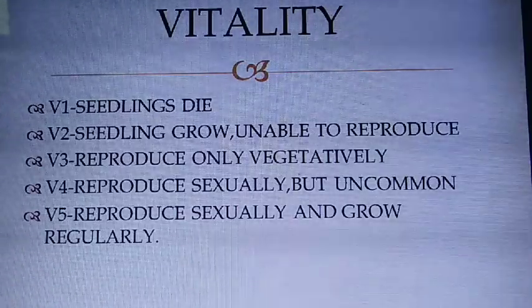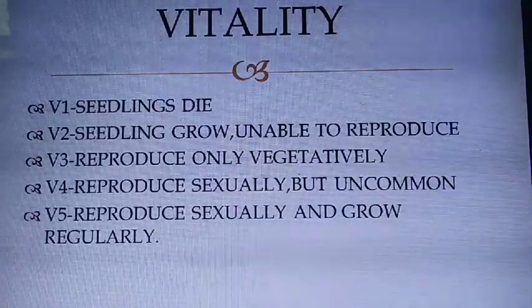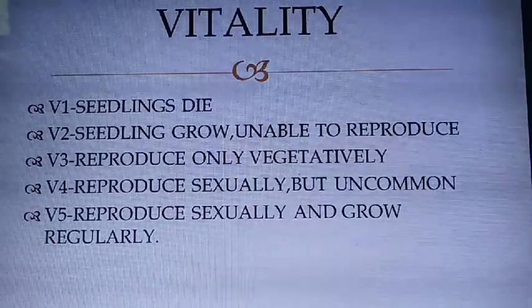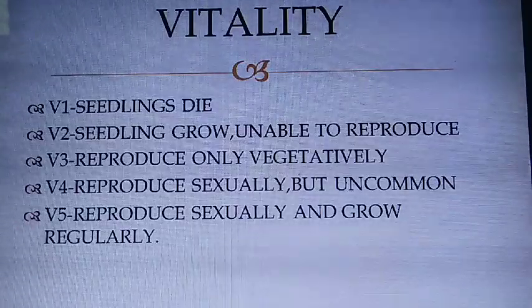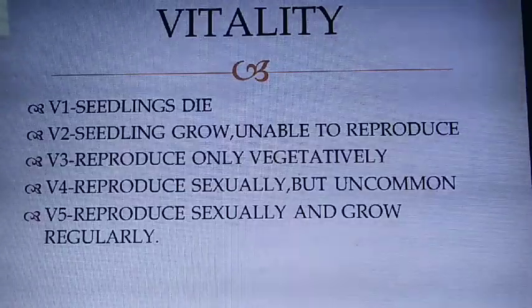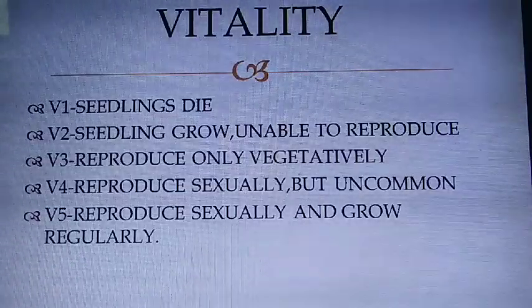Under V3, they reproduce only vegetatively, no sexual reproduction at all. And then V4, they can reproduce sexually, but not very commonly. Now V5, they reproduce sexually as well as grow regularly.